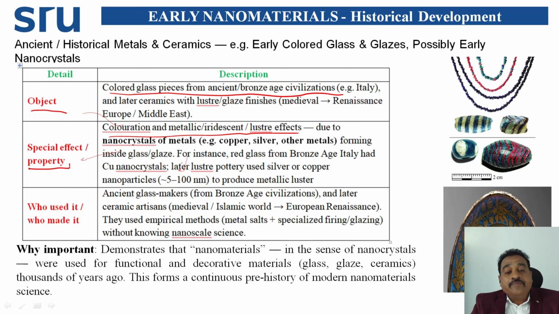So, what is the importance? It demonstrates that nanoparticles, in the sense of nanocrystals, were used for functional and decorative materials: glass, glaze, ceramics. Thousands of years ago, this forms a continuous prehistory of modern nanomaterials and nanoscience.